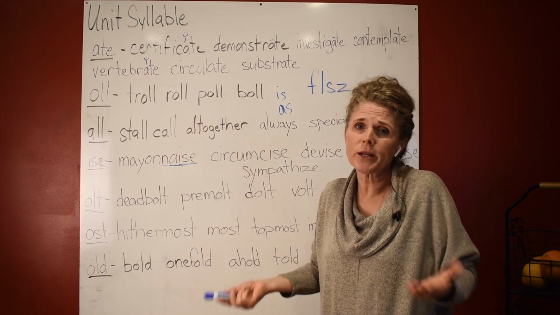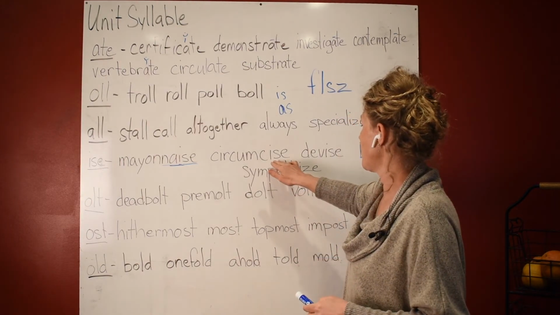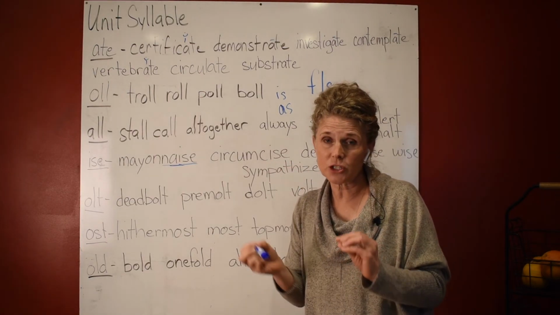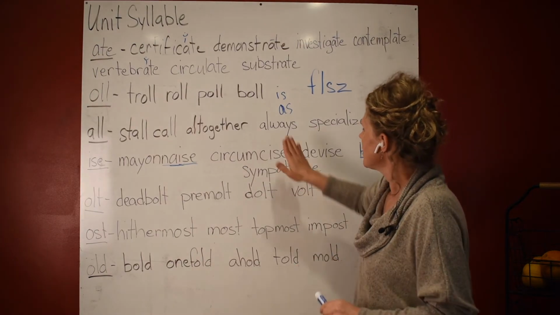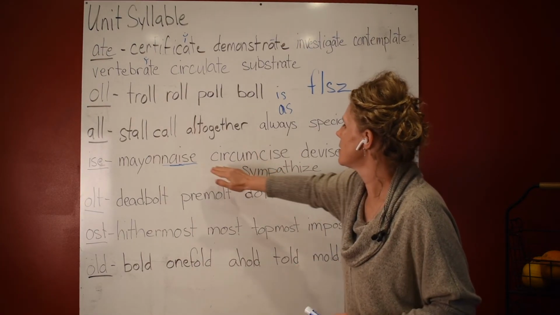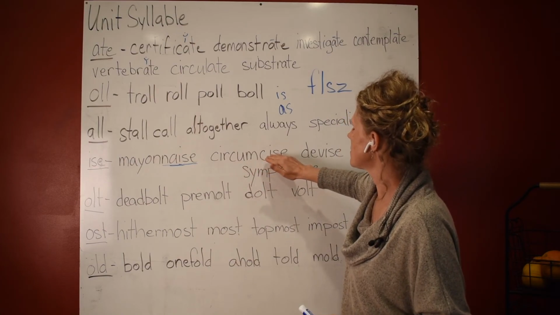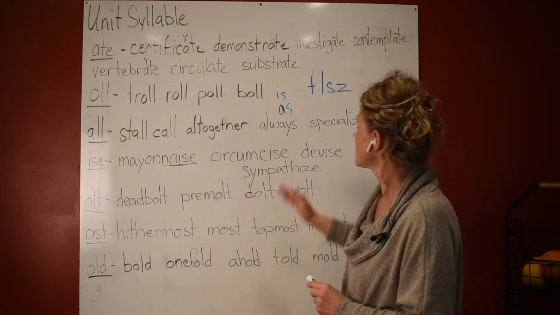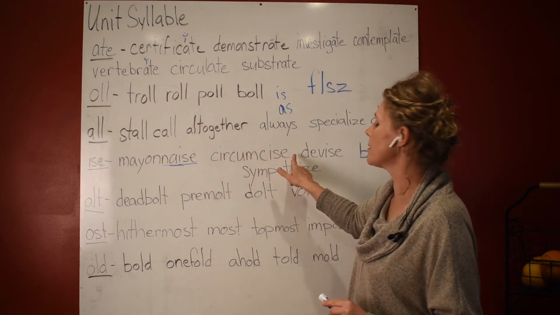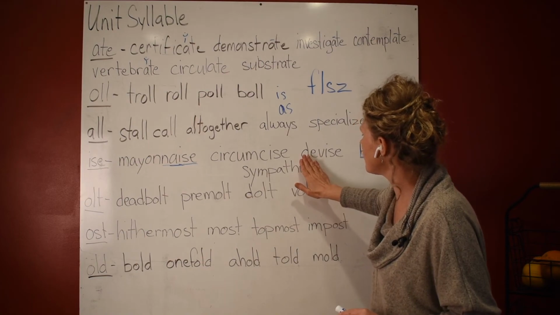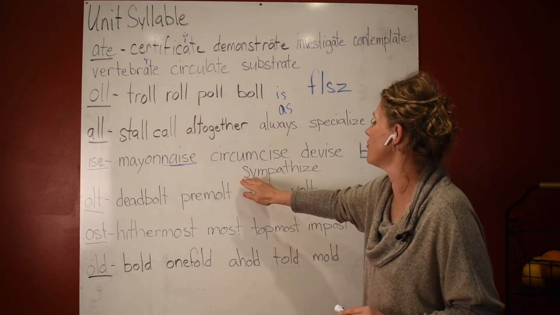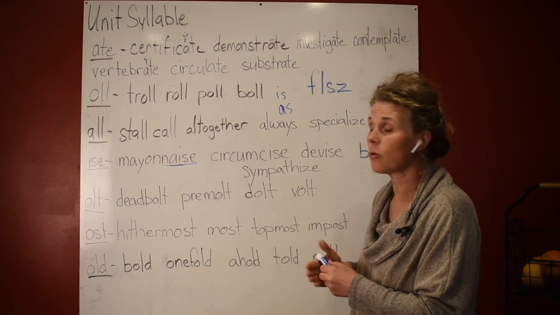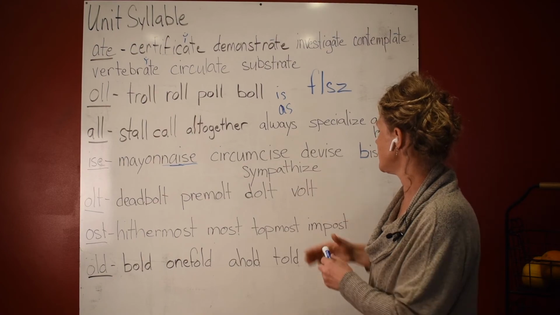Sympathize. So now when do we spell it with an ISE or an IZE? Let me teach you a spelling trick. If we take the ISE off of this one, you can't even really say that. It's not a base word. This is the whole word. So you spell it with an ISE. But look, what if we take the IZE off of sympathy? Then you see right here, we dropped the Y and added on your IZE.